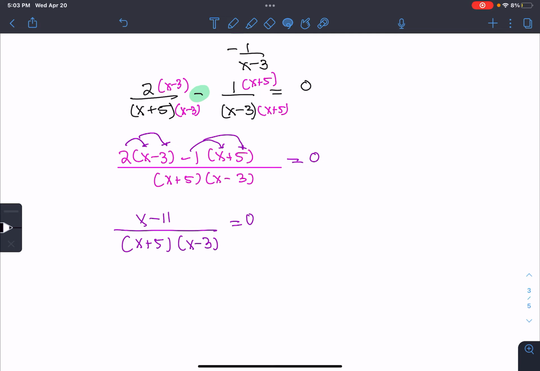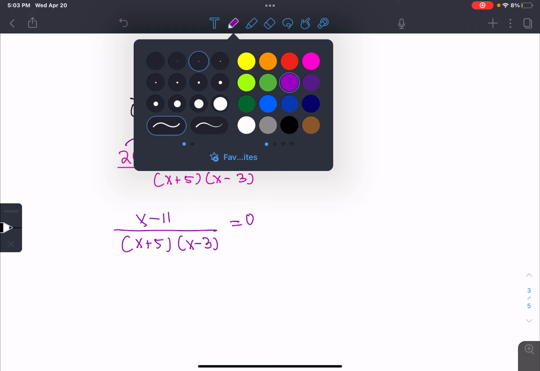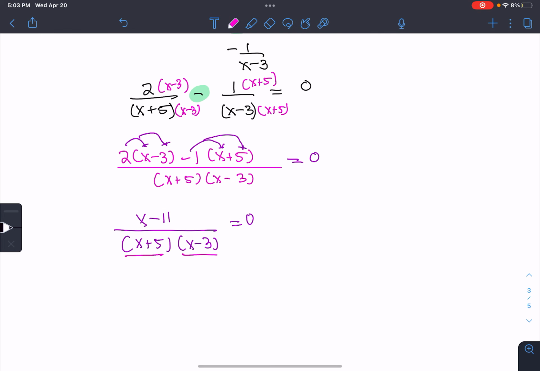And now let's get to the weird part. So if you remember your information about rational functions, everybody, these bottom terms right here, these are important because whatever x value makes them 0 will create an asymptote. So x equals negative 5 and x equals 3.